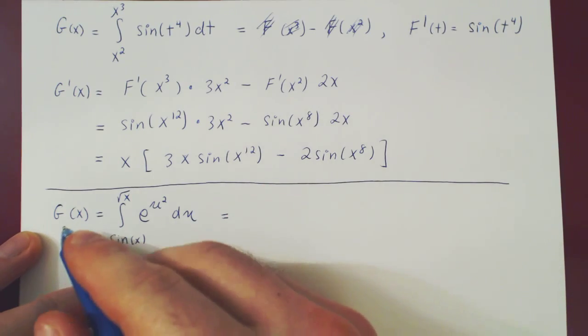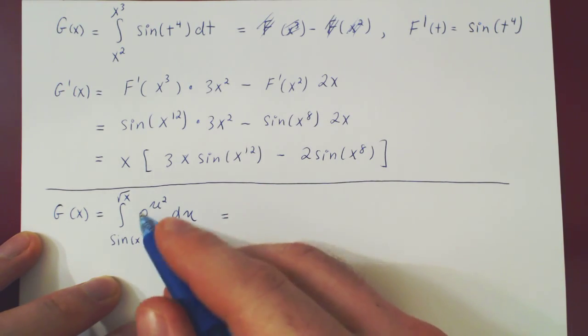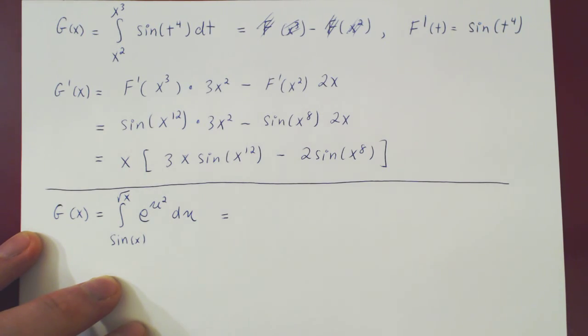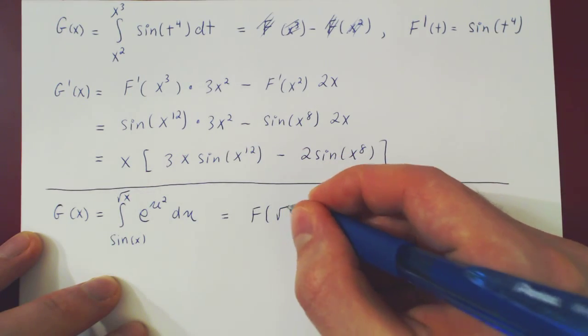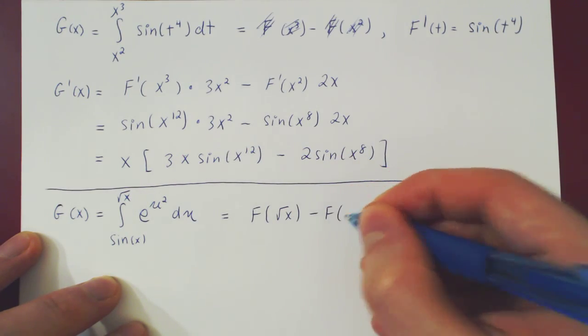Again, before we differentiate, we want to bypass the integral in favor of the fundamental theorem of calculus, so the antiderivative at the upper bound minus the antiderivative at the lower bound.